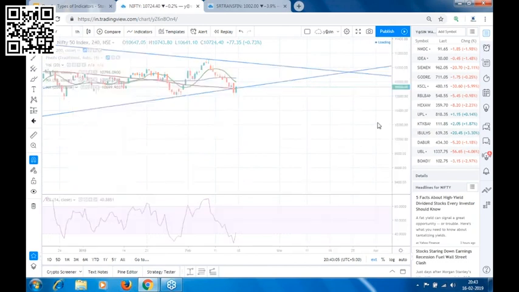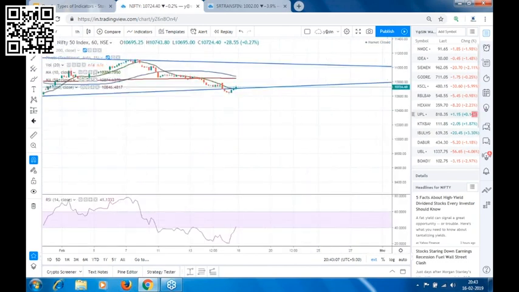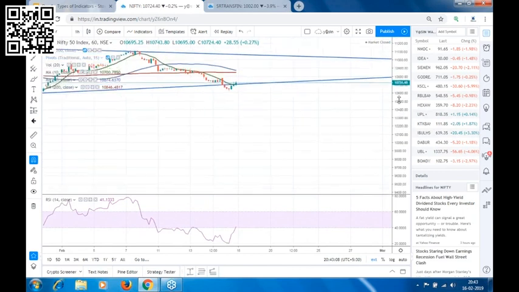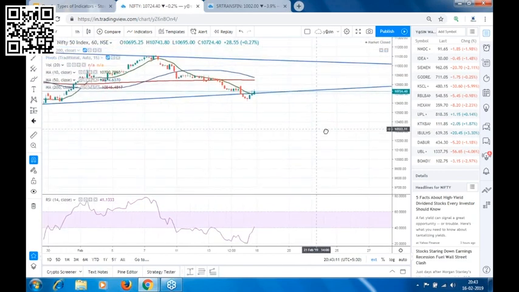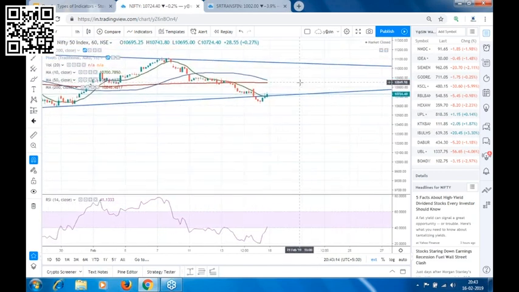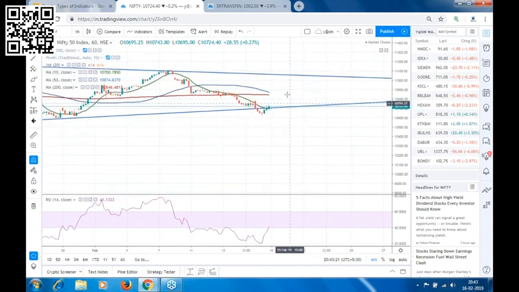One hour time frame. See, even in the 1 hour time frame, Nifty is below the 250 period moving average. So in the 1 hour time frame also there is a resistance.